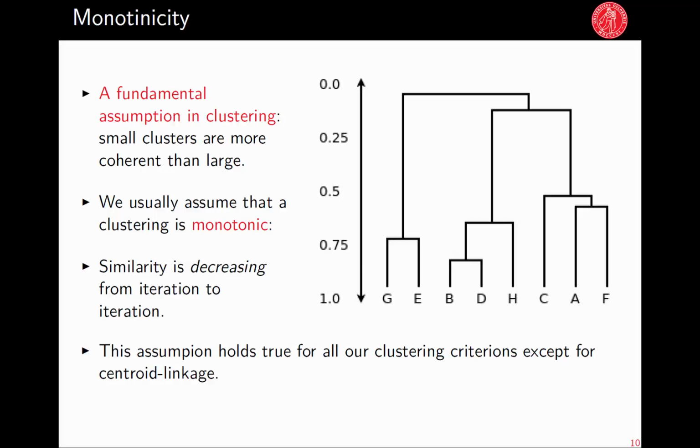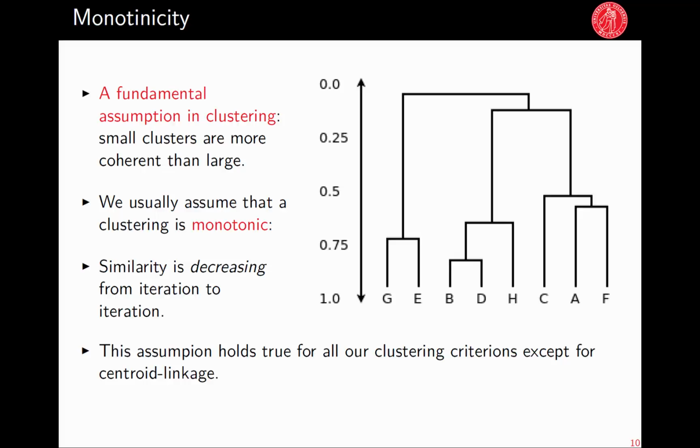A fundamental assumption when we do clustering is that a smaller cluster is more coherent than a large cluster in terms of its internal average, the internal pairwise similarities of the members. We expect small clusters to be tighter than a large cluster.